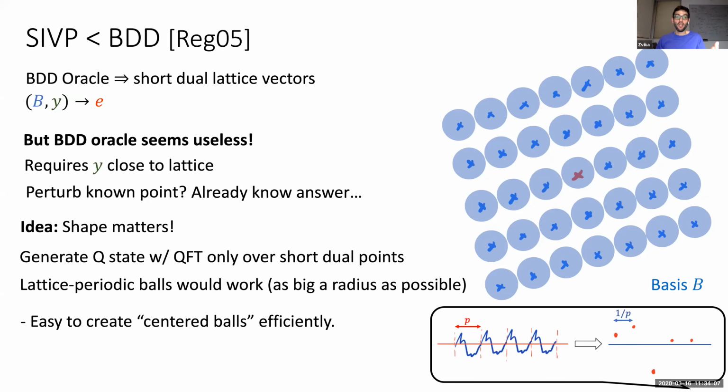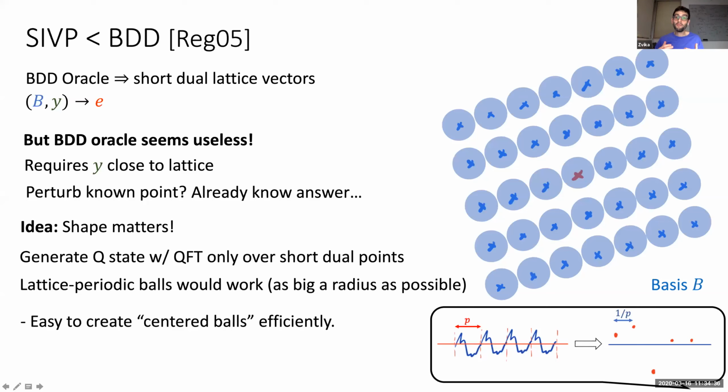So notice that if we feed any point in the support of the superposition into the BDD oracle, it's going to give me the center of the ball that I started from. And it is guaranteed that the balls are small enough that the BDD oracle is guaranteed to solve on this radius. So the BDD oracle allows us to compute, given any point in the superposition, the center of the ball that it came from.